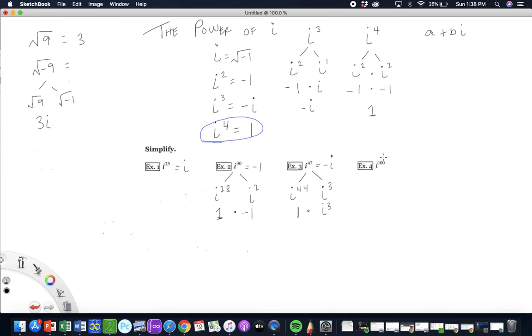The last one looks like a crazy number to have here, but just think about it. 100 is a multiple of 4, so it would just equal 1.